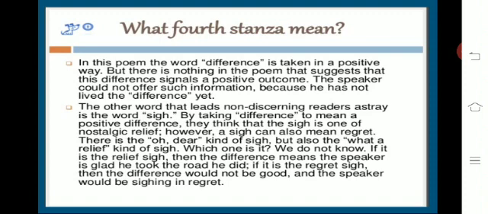The poet advised us that you should be wise and very careful while making choices out of the options that you have in your life, because your future depends on the choice.